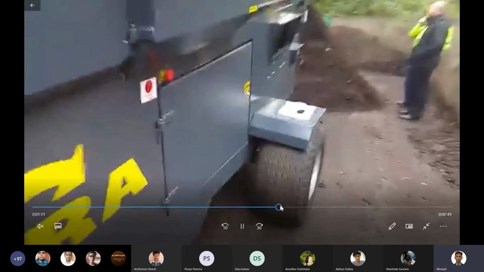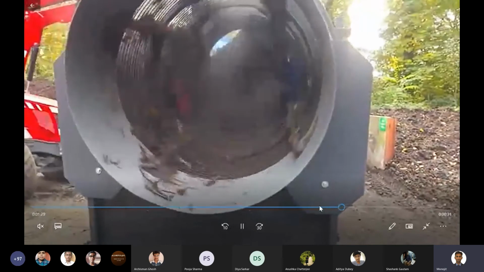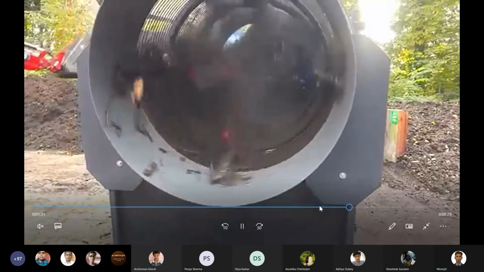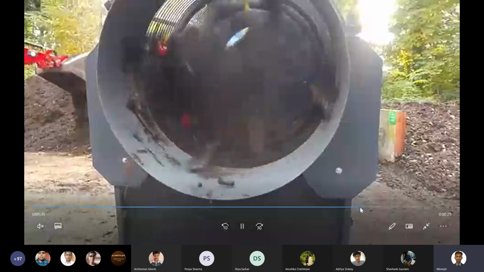You can get the big particles here, and the small particles will fall down, and there's a conveyor which will take them to the other side. Okay, this is how it operates.